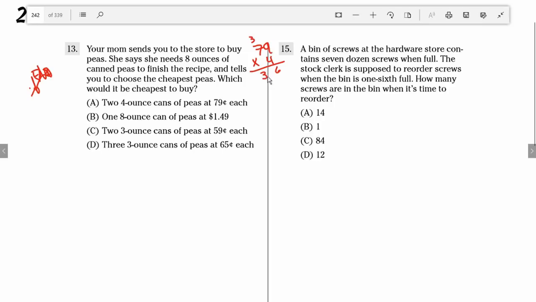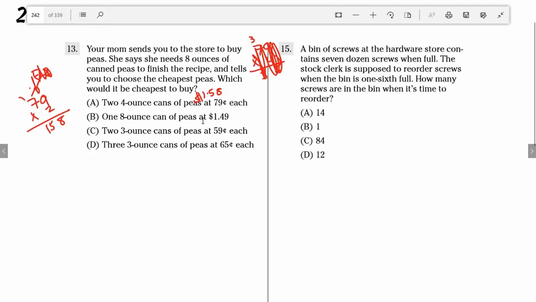What did I do here? Oh, why am I multiplying that by 4? It's 79 times 2. Sorry about that. 9 times 2 is 18. Carry the 1. 7 times 2 is 14. Plus 1 is 15. So we know this is $1.58 total.